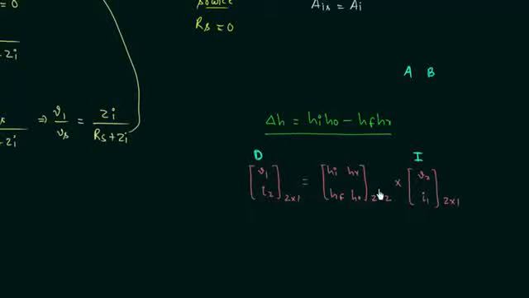I will represent this 2 by 2 matrix by small h. I am just representing it by small h because we have to prove delta H equal to HI HO minus HF HR.